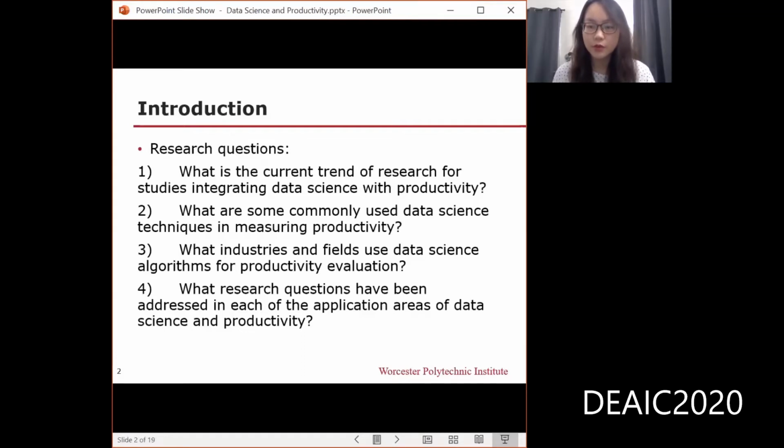Malmquist, 1953, first touched upon this topic from a consumption perspective by introducing a distance function-based quantity index, namely the original Malmquist index, which was later employed to capture the productivity change between two different times.